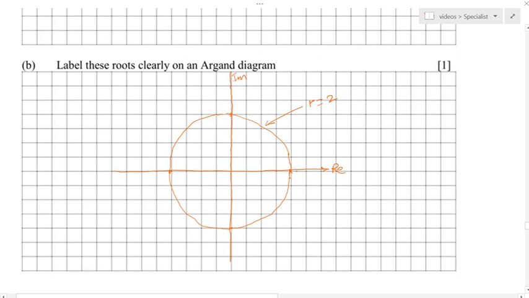So this root will make an angle of pi over 5, which is about 36 degrees with the real axis. So that will be my first root, and I'll call that z0. Then the next one is 3 pi over 5, which is an angle of 108 degrees. So 3 pi over 5 will be somewhere here.